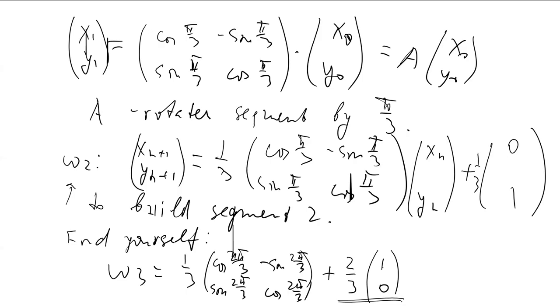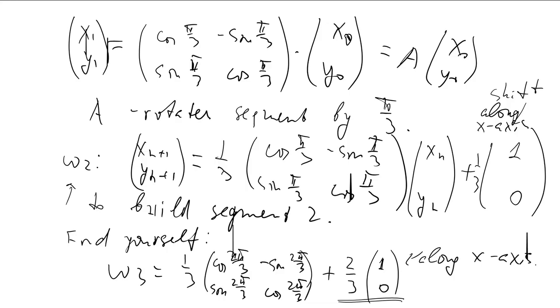Okay, so this is x, it's a shift along x, and therefore here was wrong. Here should be 0, and here should be 1. So we shift along the x direction, along the x-axis. First coordinate x and second coordinate y.